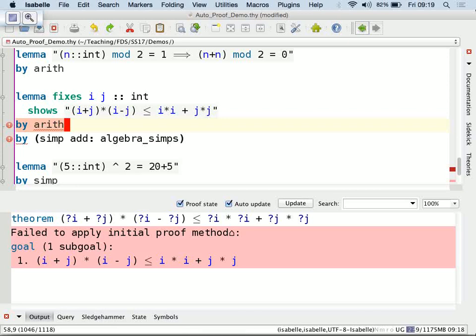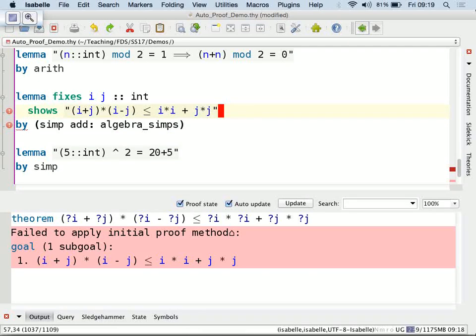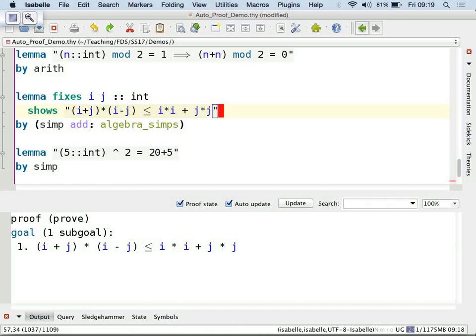And this just doesn't work automatically by arith, but it works automatically with algebra simps, because if you multiply out the left-hand side, you get i squared, but then you get minus j squared, but on the other hand, you have here plus j squared, so it's bigger.